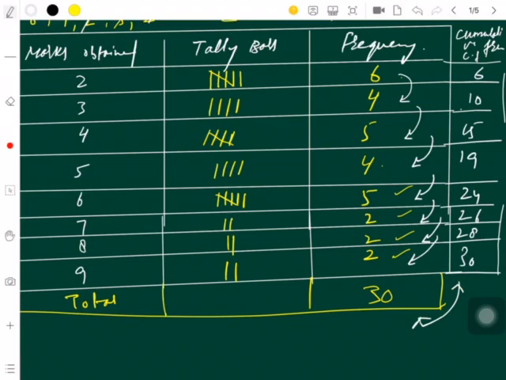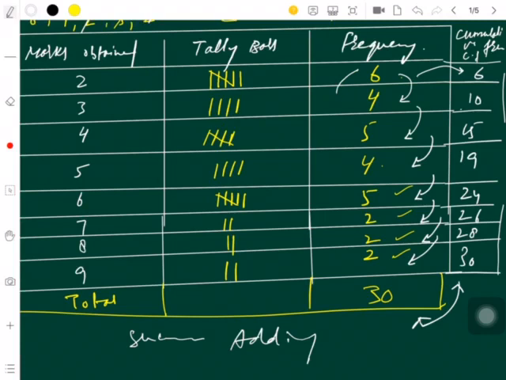Our last element of cumulative frequency is equal to the total of frequency. That is what we mean by cumulative frequency. I'll again say its definition: it is obtained by successively adding the frequencies of the values. So 6 will transfer as it is.